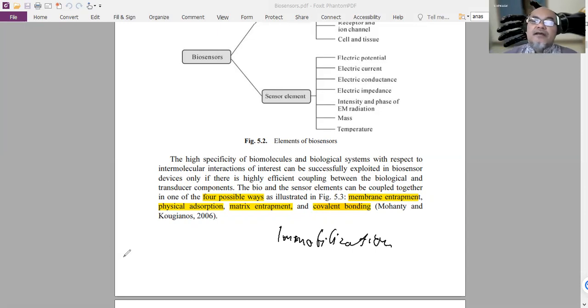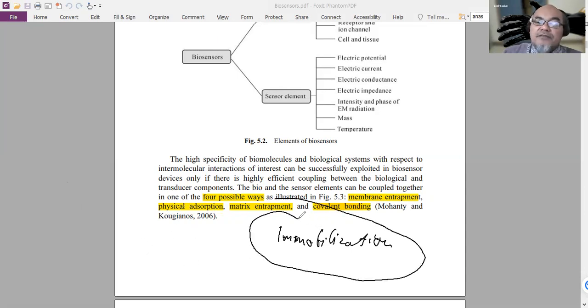And that process is called immobilization, the process of making the bioelement stick or attach to the surface of the transducer. Why is it called immobilization? Because, as the name implies, to immobilize. Normally, the biomolecules are very mobile, floating around here and there by Brownian, zigzag random movement.